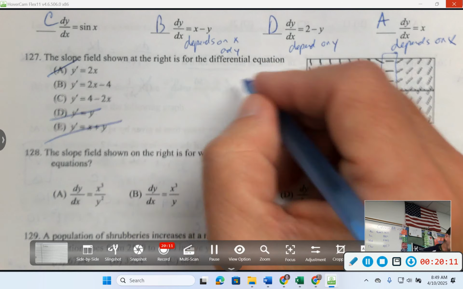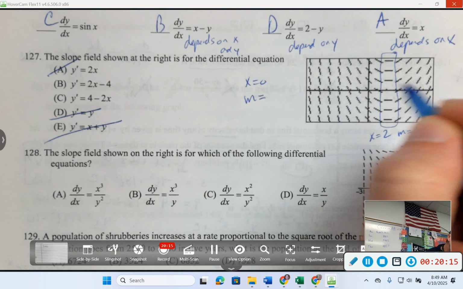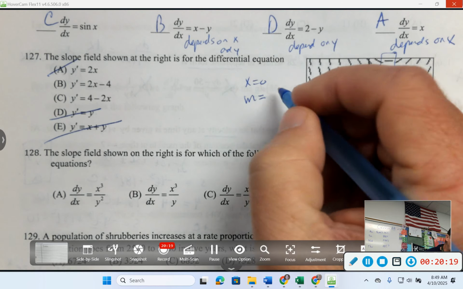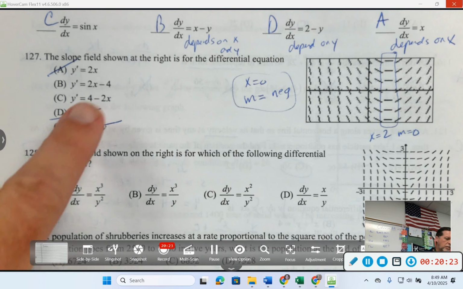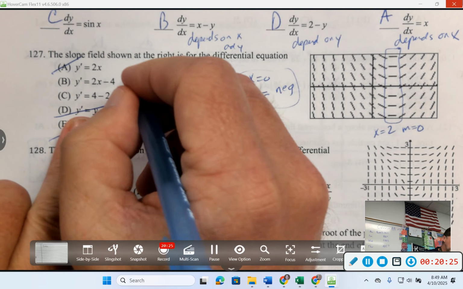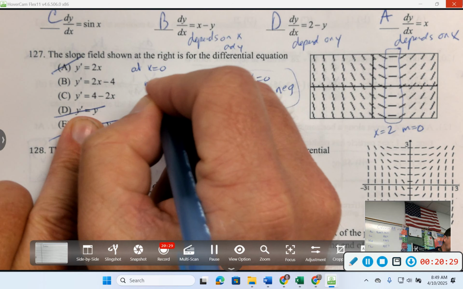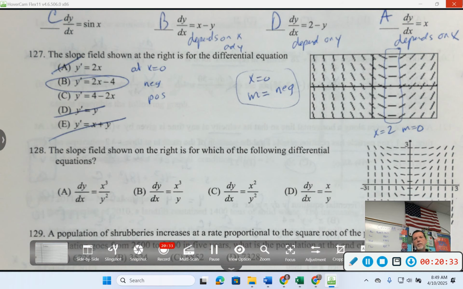So let's just pick a point. At x equals 0, my slope is negative. Maybe -1, maybe more, who knows, but at least negative. So if I plug in 0, this one is negative, and this one is positive, so it's got to be B. It's the only one that fits.